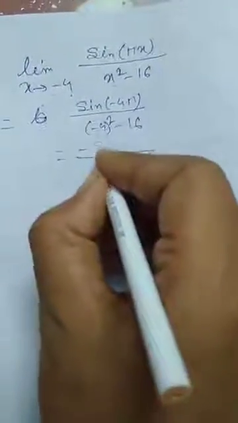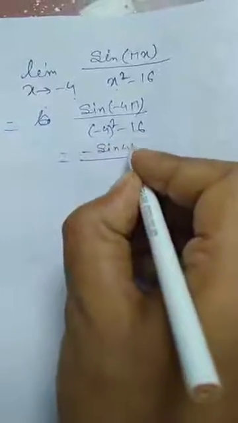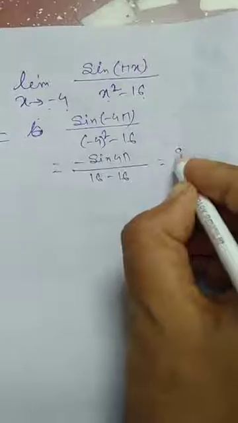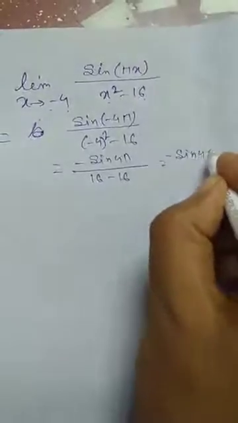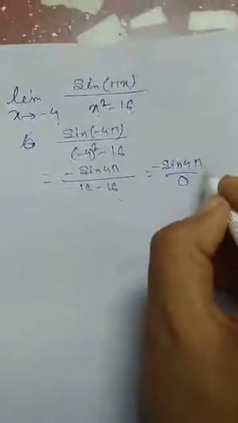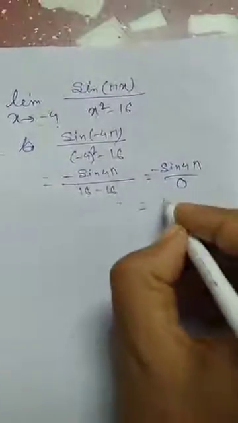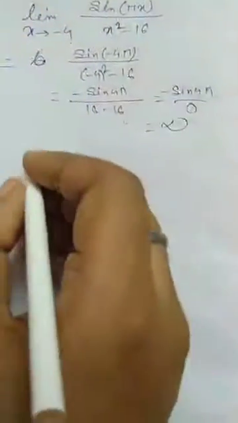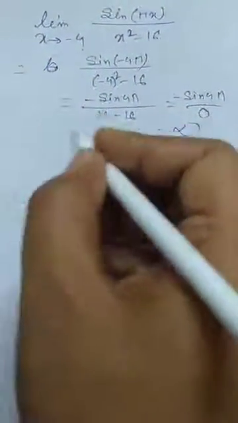So this is equal to minus sine 4 pi by 16 minus 16, that means minus sine 4 pi by 0, that means undefined form. So we use, or apply, L'Hospital rule.